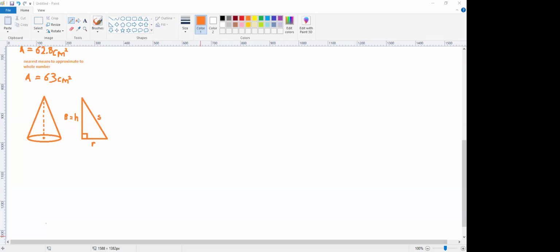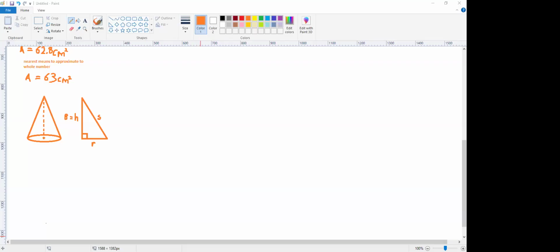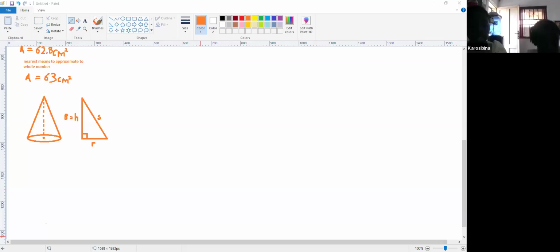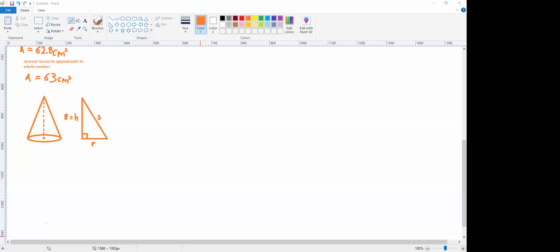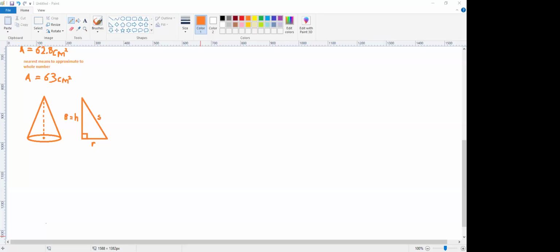That means if I need the radius, I have to divide diameter by what? I need to divide diameter by what to get the radius? No, I need to divide it by 2.